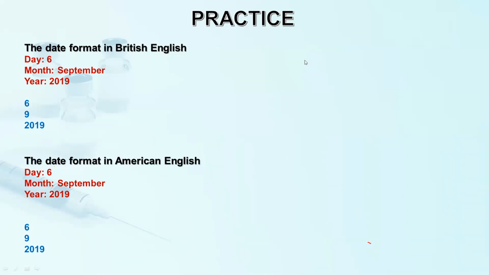Again, Dr. Yasmin, the same mistake: 6th September 2019, September in small, should be in capital. So you have to capitalize September. Again, Dr. Bashir, the word September should be capitalized.